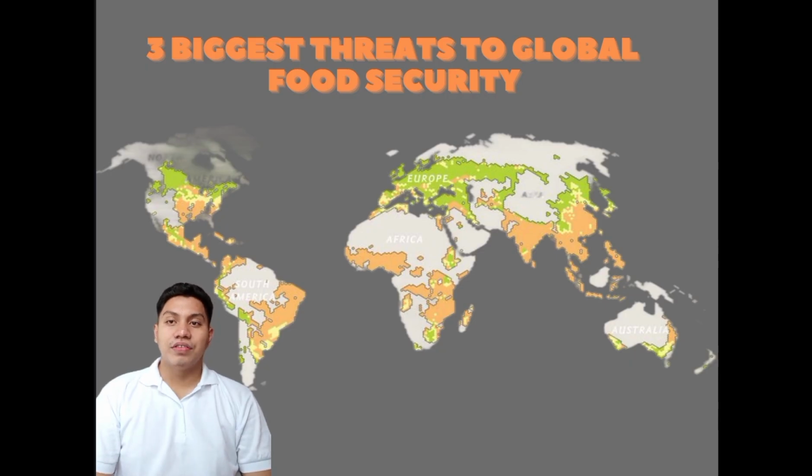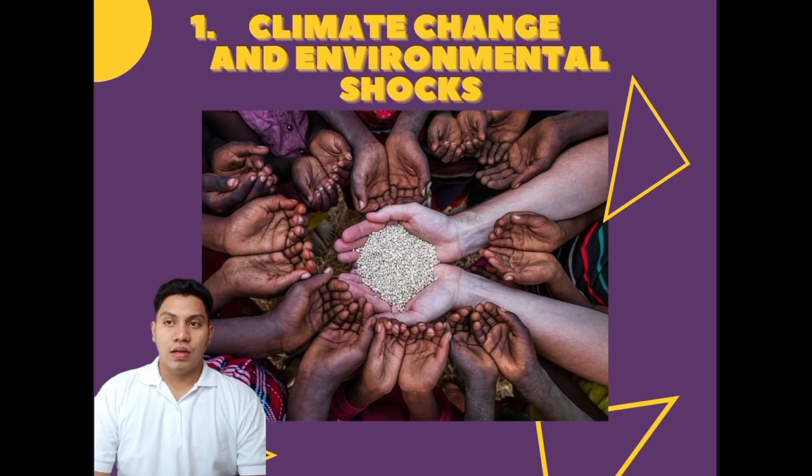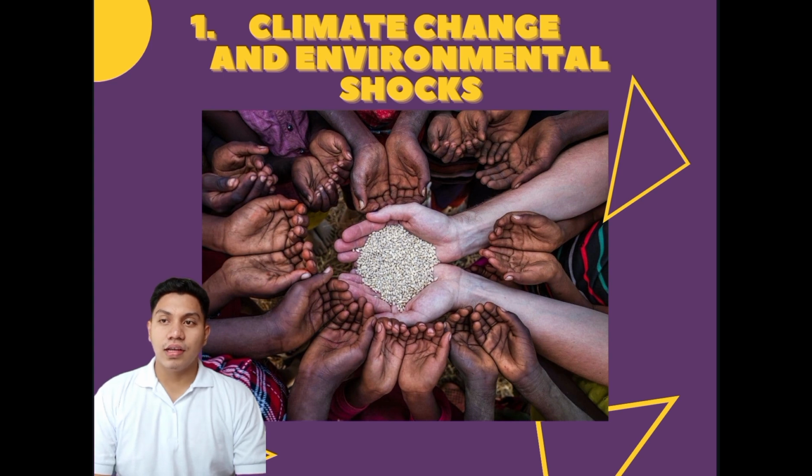The biggest threat to global food security: climate change and environmental shocks. The climate crisis is changing weather patterns and increasing the chances of extreme events such as hurricanes, floods, and droughts.